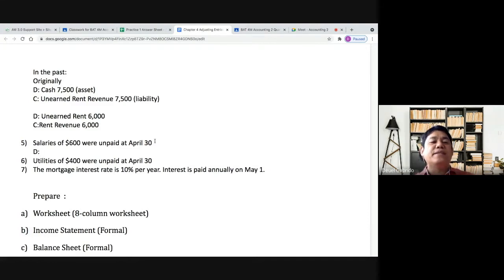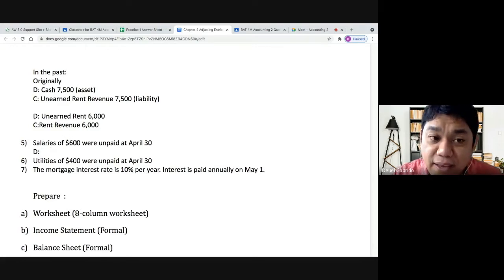Probably we will give it to the employee next week. Remember that. But we have to recognize this 600 because the instruction is you have to create a financial statement on April 30, right? So let's say the paycheck will be May 7. Okay? But what shall we do with the 600 first that they earned? But we are not paying it yet, okay?